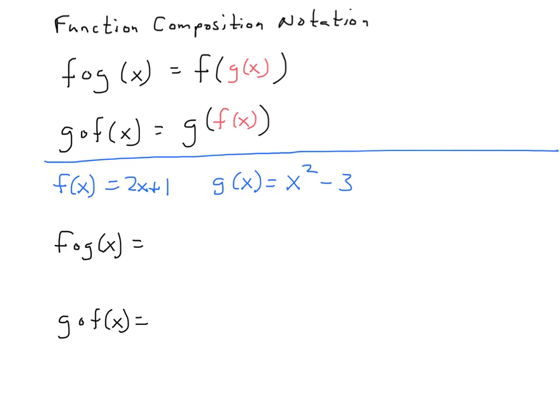Write down what you think f of g of x would be. And then once you have that one, do the same thing for g of f of x. So think back to what we just talked about in the previous slide, and work on these two right now. And once you're done, come back and we'll take a look at what answers I hope you came up with.